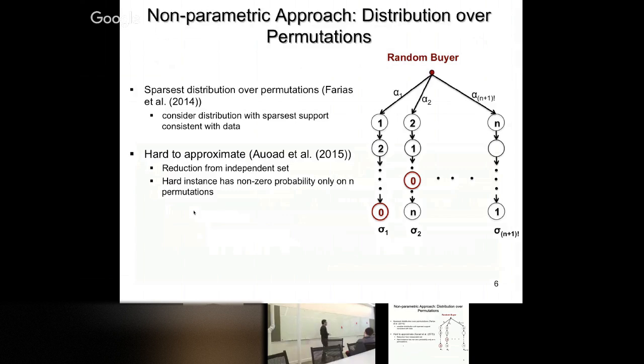And is this a necessary and sufficient condition? That is necessary, and you can find a feasible distribution over permutations that would satisfy it. I see. Okay, so if you give me arbitrary data, then it's a problem. So that's the feasibility conditions for this. Yes.